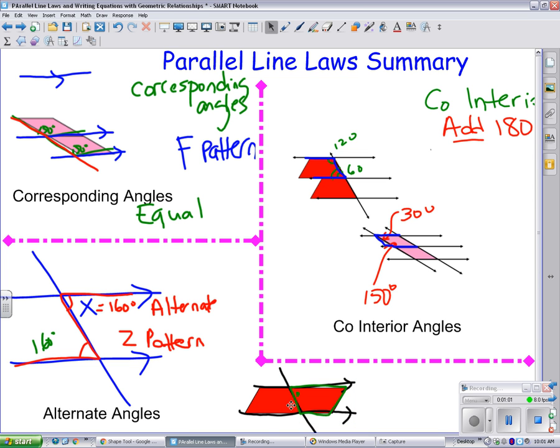That's how we were able to label that the angle x here is 160 if we know this interior angle is 160 degrees. So that is known as the alternate angles, or the Z pattern.